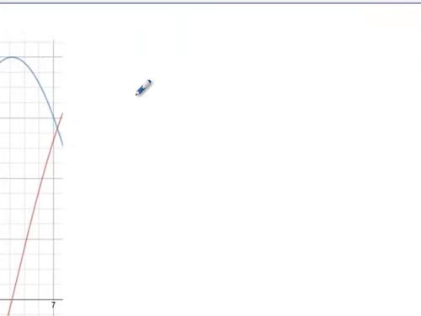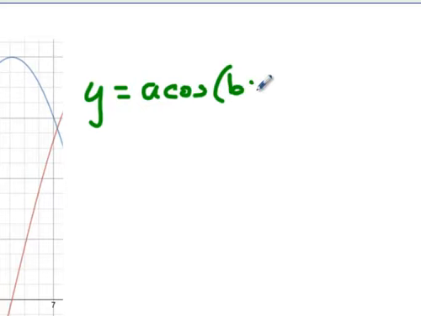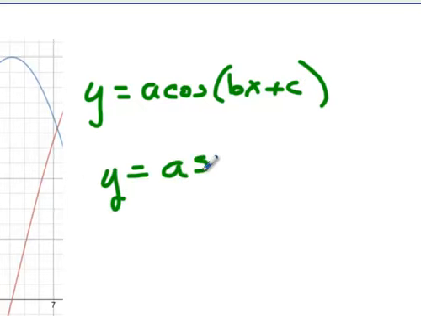Now remember, when we look at what we're writing out, when we're dealing with these graphs, and we did the real basic ones, what's going on? We're going to have y equals amplitude cosine of bx plus c, and then we're going to have or y equals amplitude sine of bx plus c.